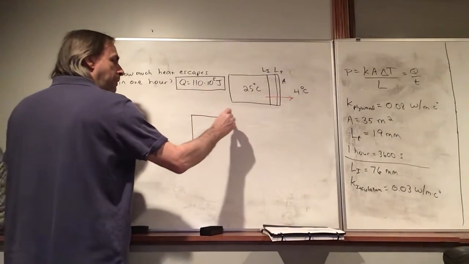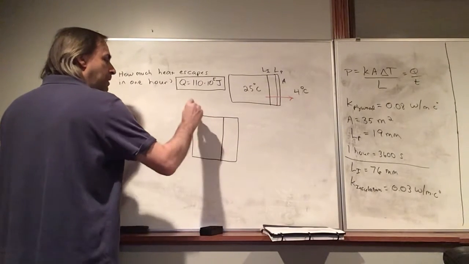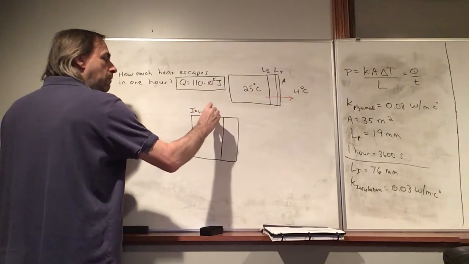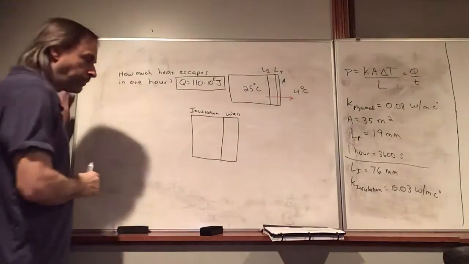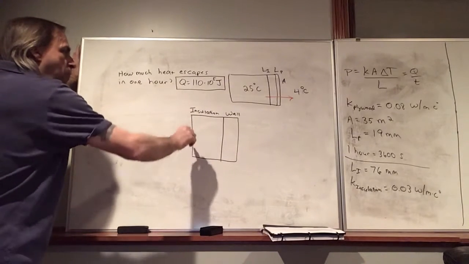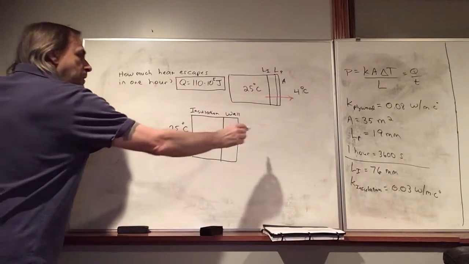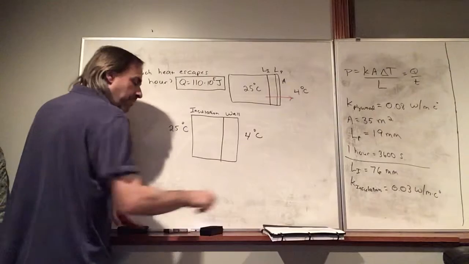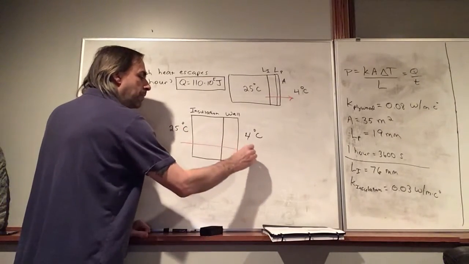So what we have, if we just zoom in on this part, we have our insulation here. And our wall. And over here we have 25 degrees Celsius. Here we have 4 degrees Celsius. Now, the observation we want to make, heat is flowing through here.